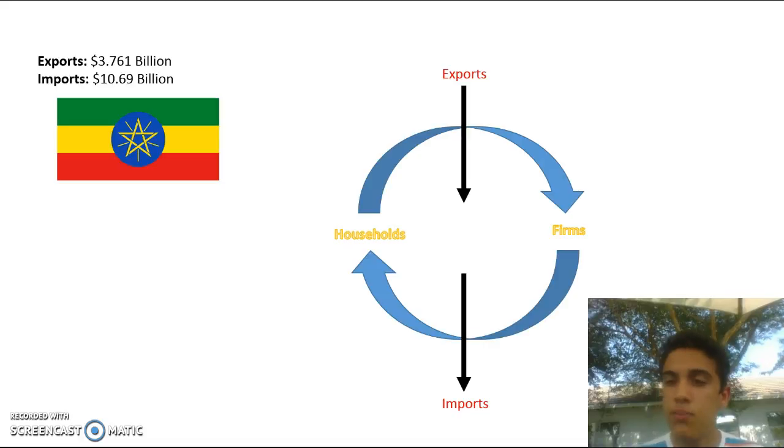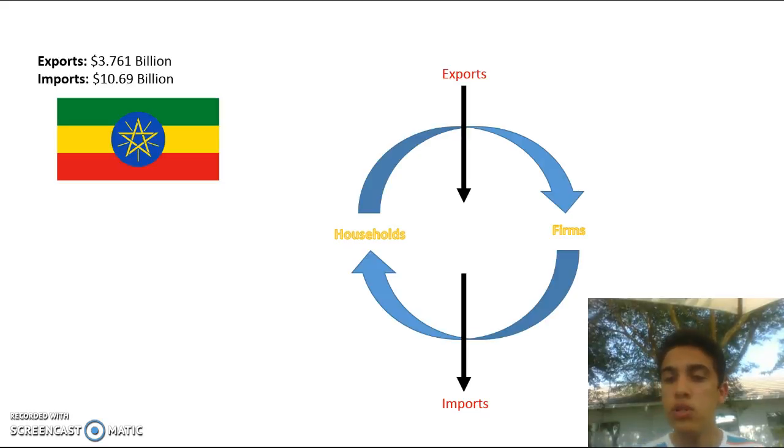Now, I know some people have difficulty understanding why exports and imports are leakages and injections, but think about it in terms of money. In exports, money is gained because Ethiopia gives goods and services to other countries, and those countries pay for those goods and services, which means money enters the circular flow.